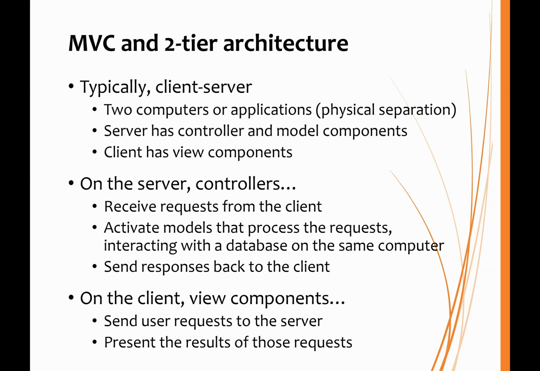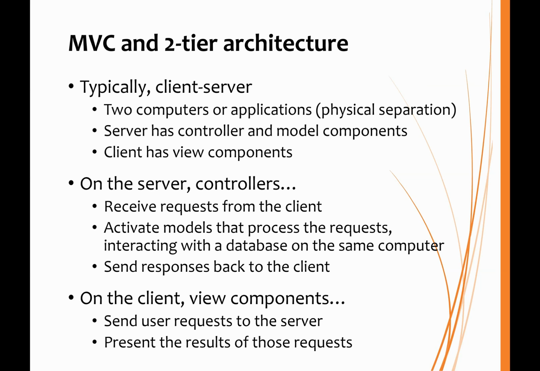When we combine MVC with a 2-tier architecture, we'll end up with a client-server application, 2 computers, that's the physical separation, the tiers. The server will have the controller and model components, and the client will have the view components.